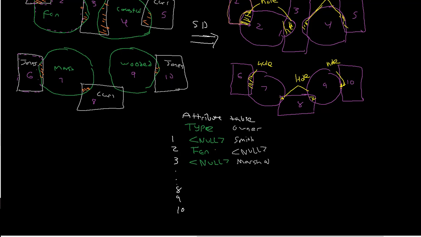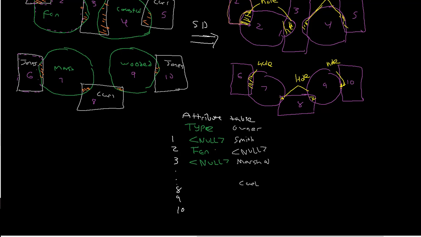Well, 8 corresponds to this original construction site minus the overlap with marsh and wooded. There's actually overlap there. So its owner is going to be the owner of that original construction site, Carl.